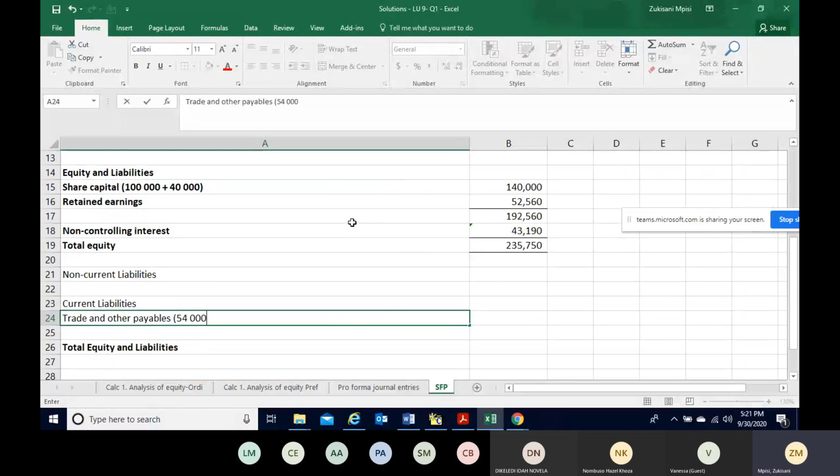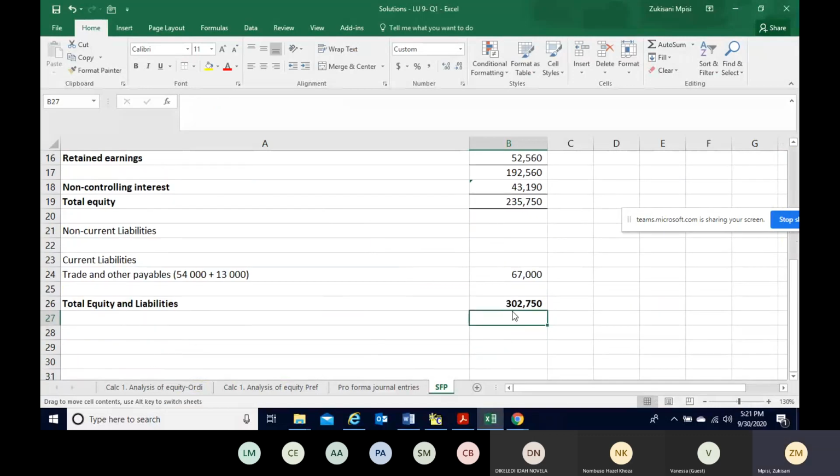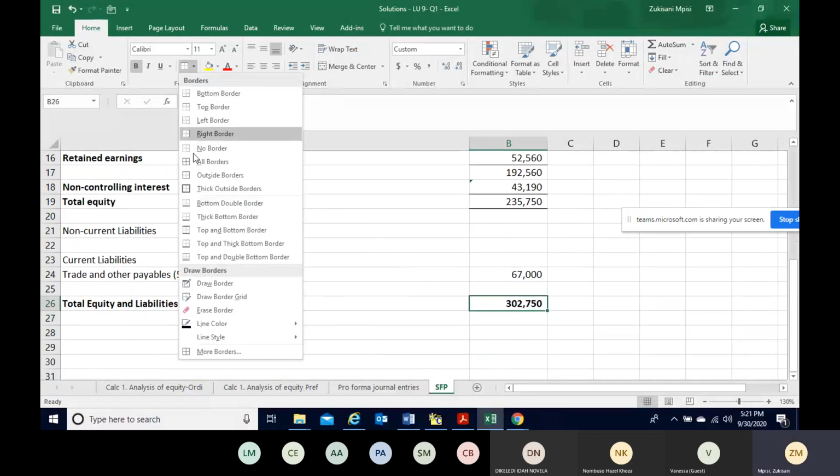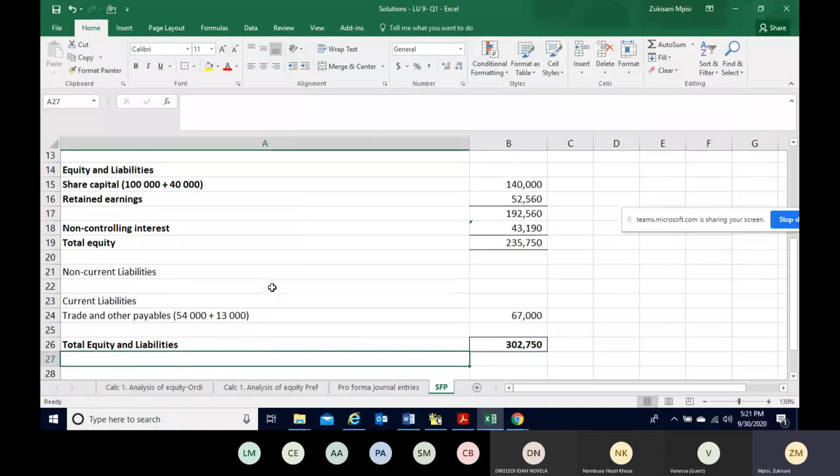It's 54,000 plus 13,000, which is giving you 67,000. Total equity and liabilities gives you 302,750, which then balances.